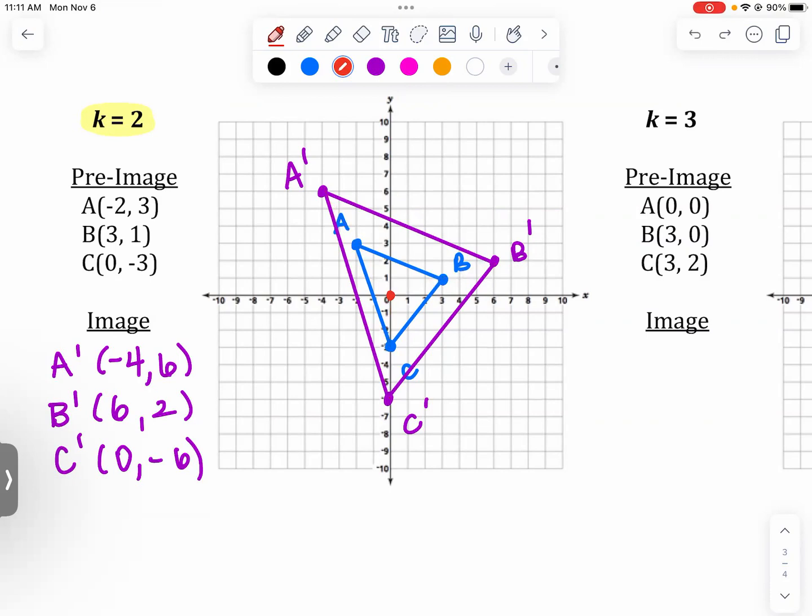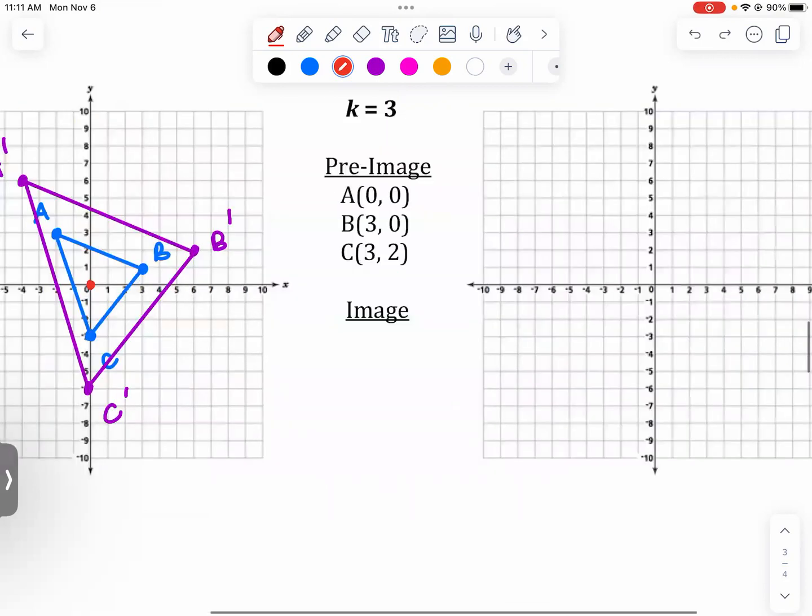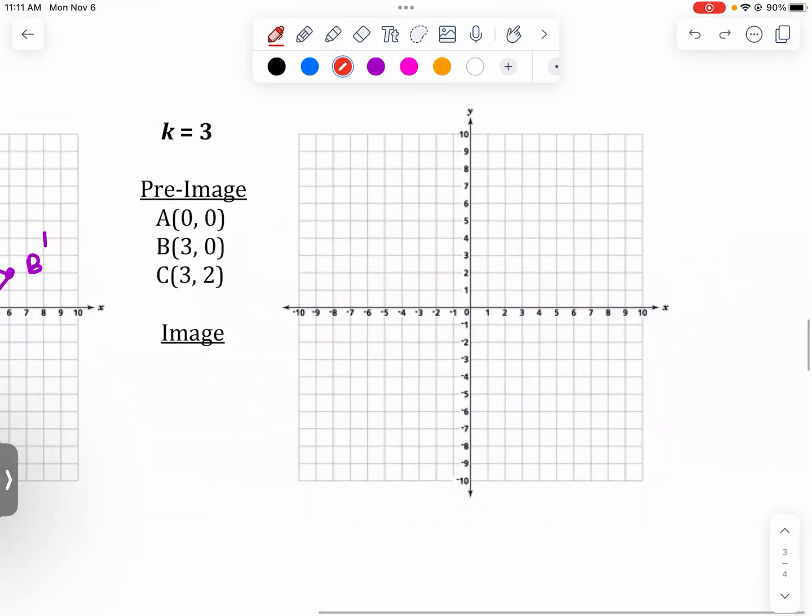All right, our second example is really interesting because our pre-image has a coordinate at the origin. That coordinate won't move, but the other ones will, right? Okay, so go ahead and plot ABC for me, please.